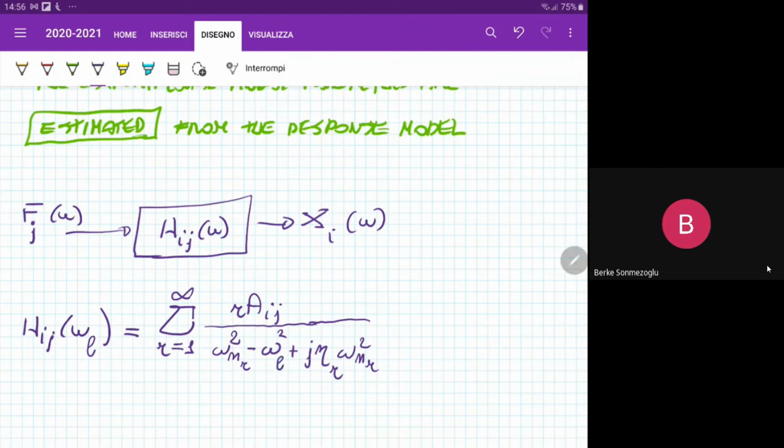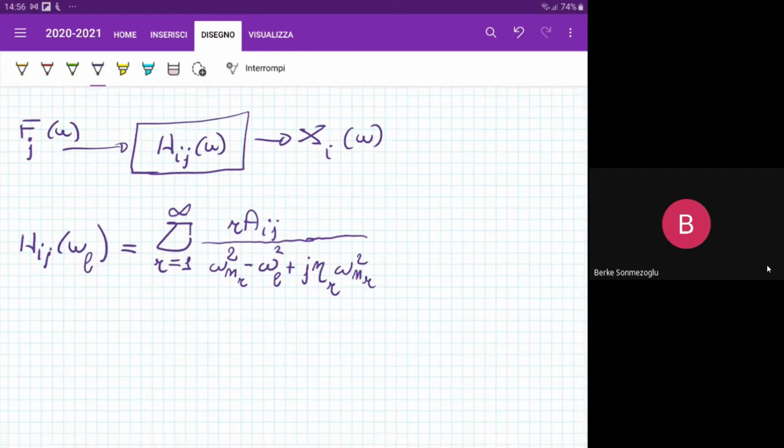Okay. Please note that I am considering the damping factor eta, instead of the more common damping coefficient zeta.